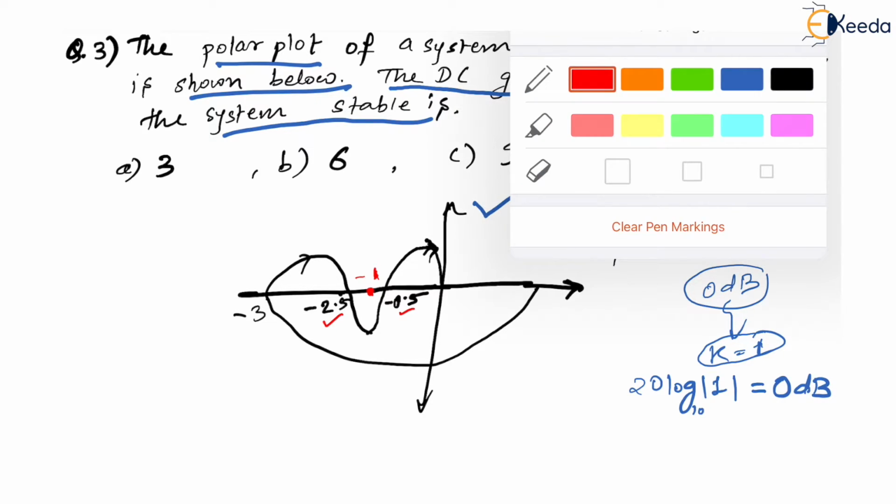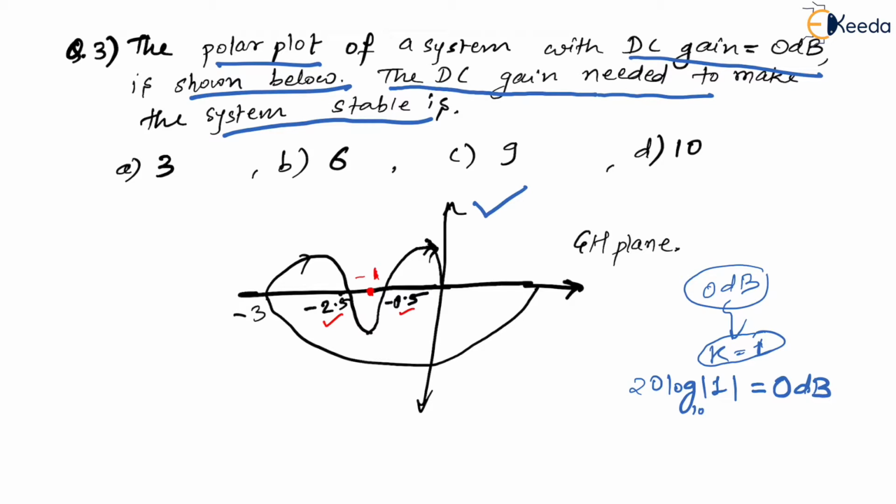Now I've told you that the plots are always continuous, which means if this is the arrow, this arrow has to be this way, now again this goes here and then this comes here, right?